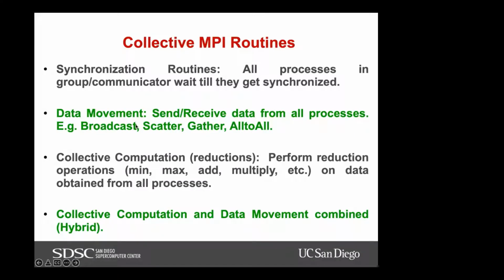Then you have data movement, which is send and receive data from all processes, so broadcast, scatter, gather, all-to-all kind of routines. You can also do some collective computation in your operations. So you can do a reduction, like find the minimum, maximum, or add all of them or multiply all of them while you're doing the reduction.